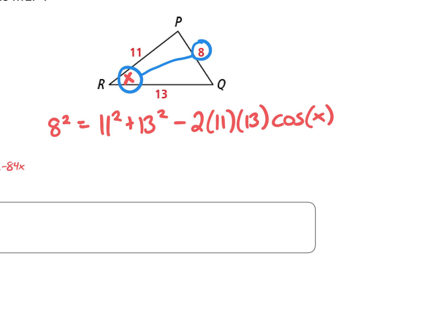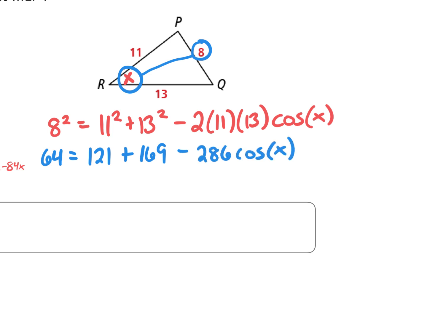Okay. So solving here, 8 squared is 64. 11 squared is 121. 13 squared is 169. And then 2 times 11 times 13, we have 286 cosine x. I want to go over this step again because I know we can get lost here. What do I want to do next? Yep, combine like terms on that right side. So we have 64 equals, I'm going to add those two. 121 plus 169.